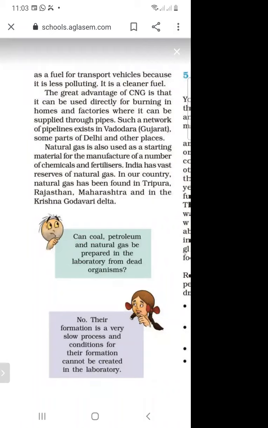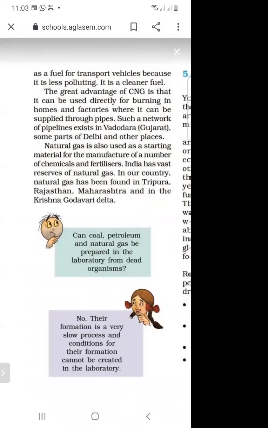So what is the use of CNG? It can be used directly in homes, and it is also used directly in factories. This type of pipeline network exists in Vadodara and Gujarat, and some parts are also present in Delhi and other places.